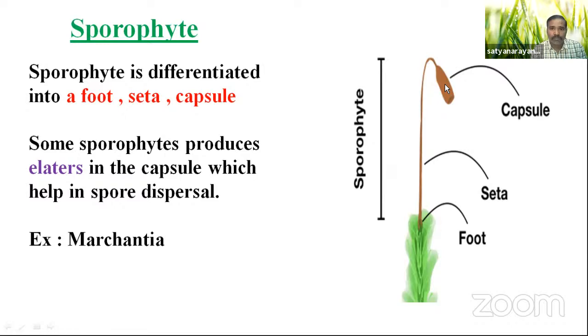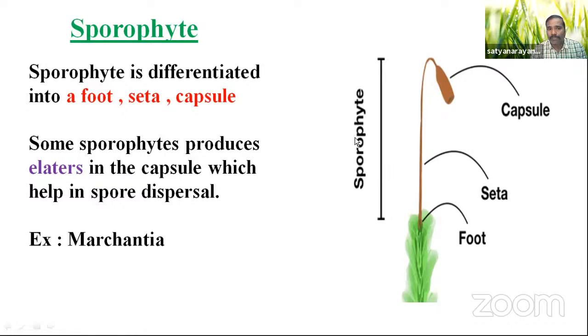The spore mother cell produces the fertile cells, which when released into the atmosphere are the male condition. The infertile or sterile cells are called elaters. So within the capsule, the elaters are present and some spores are also present. That is the structure of the sporophyte.